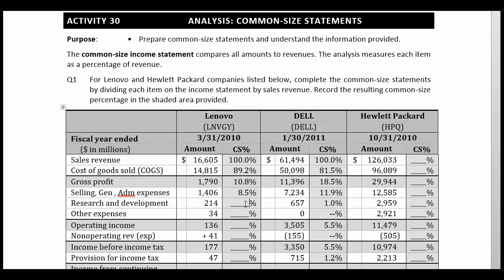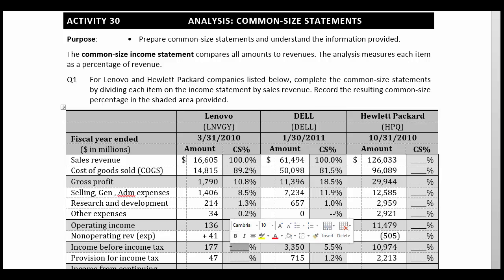You can just check your work as I do this. 214 divided by 16,605 is 1.3%. 34 divided by 16,605 is 0.2%. 136 divided by 16,605 is 0.8%. 41 divided by 16,605 is 0.3%, and there's a little rounding correction in there.